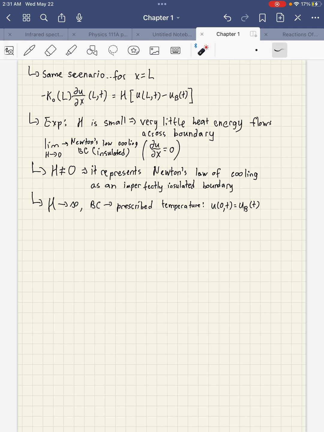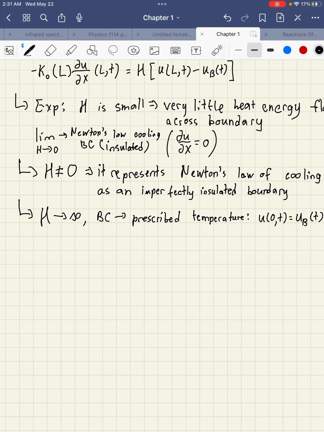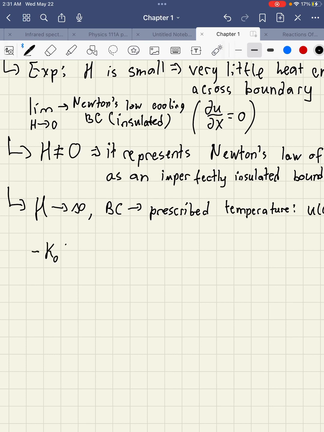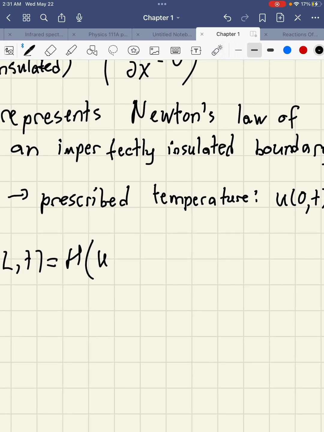Now, you might ask, why is this true? I will just do one simple mathematical step, and you will realize why it does make sense. Let me rewrite, at x equal to L or x equal to 0, I'll write at x equal to L. So k0 partial U partial X of (L, t) is equal to H times (U of (L, t) minus U of bath t).